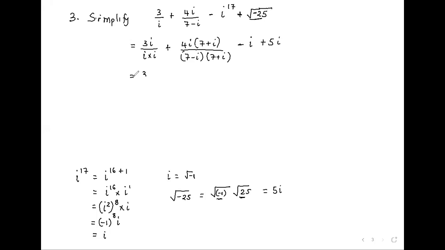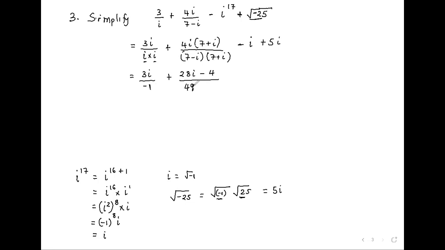So we have 3i over i times i, that's negative 1. And then plus 4i times 7, we get 28i. Then 4i times i, we get minus 4. Then divide by 7 times 7, that's 49.